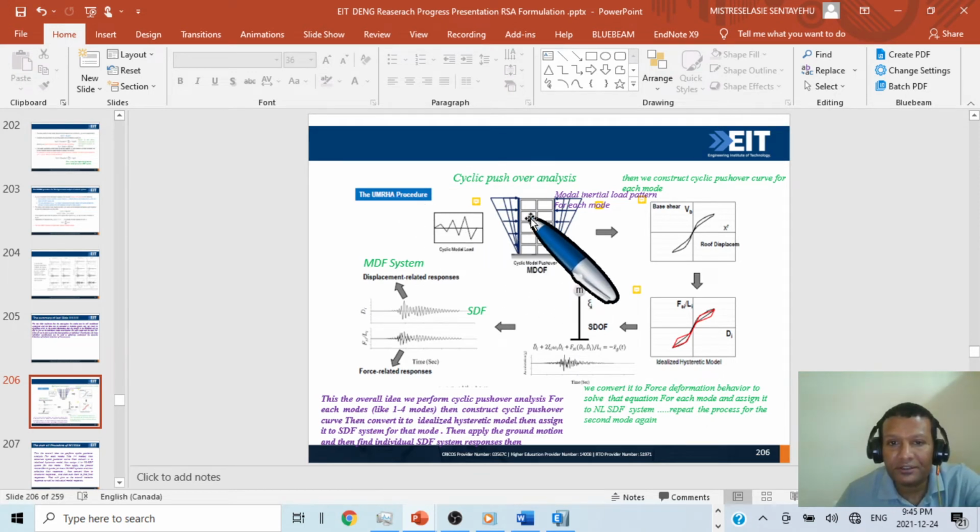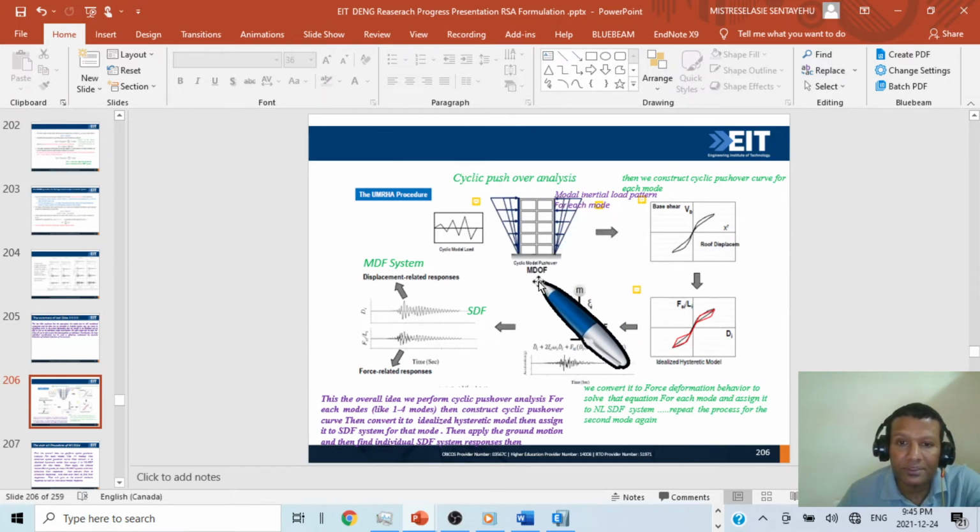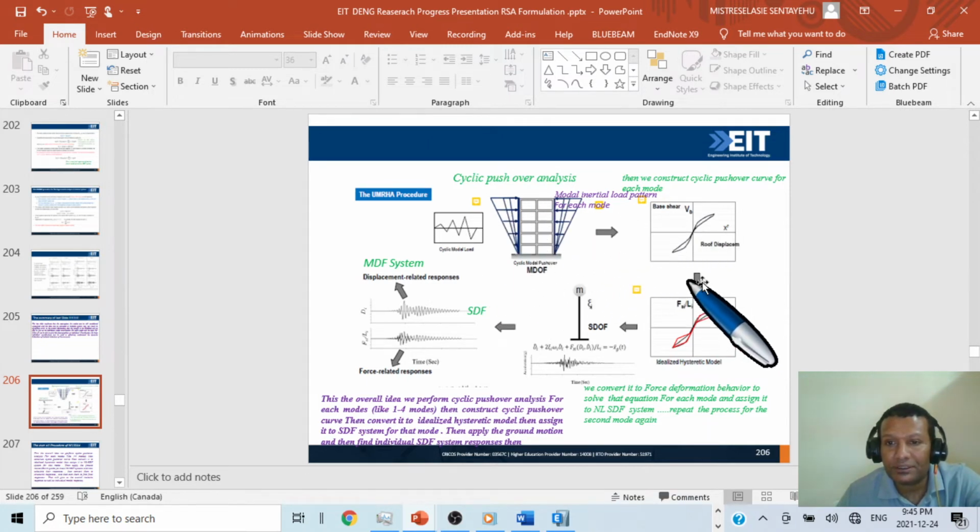So as per our discussion, this is what we see. UMRHA procedure: you have a multiple degree of freedom system, then you perform cyclic pushover analysis on your multiple degree of freedom system, then you capture the base shear and the roof displacement. Then construct the cyclic pushover curve for each mode. For the first mode, you have first mode cyclic pushover curve.